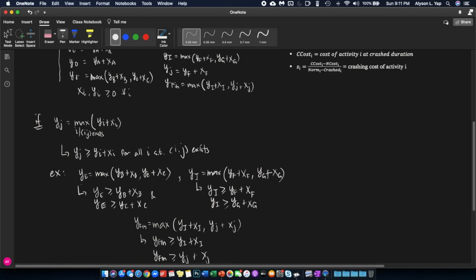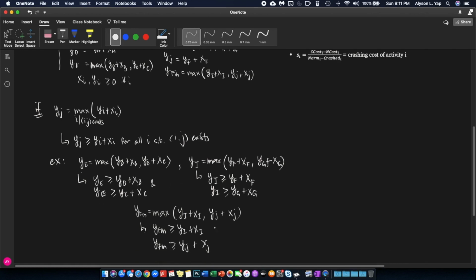In the same manner, if y sub i is equal to the maximum between y sub f plus x sub f and y sub g plus x sub g, then we have these two constraints. And we also do that for the finish node. So all you have to do is replace your maximum function with these constraints, and what you will have is a linear programming model.